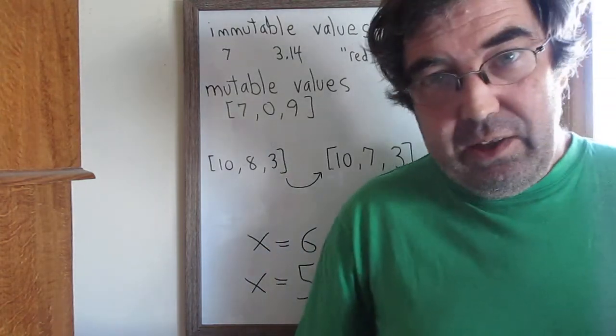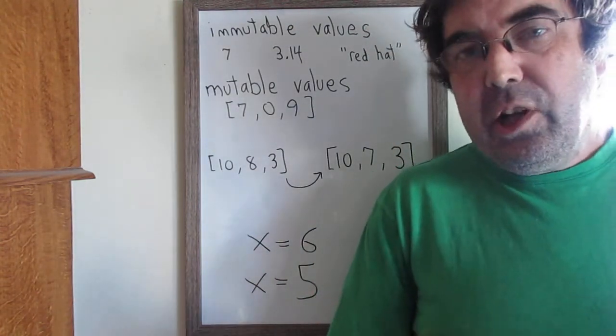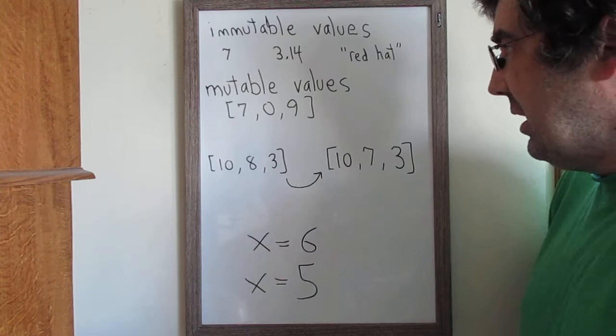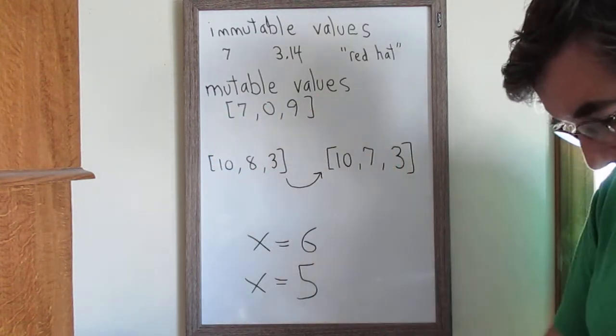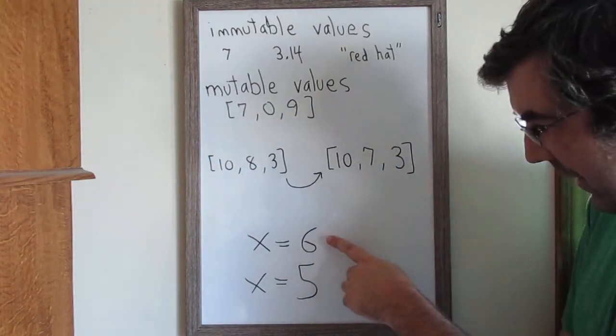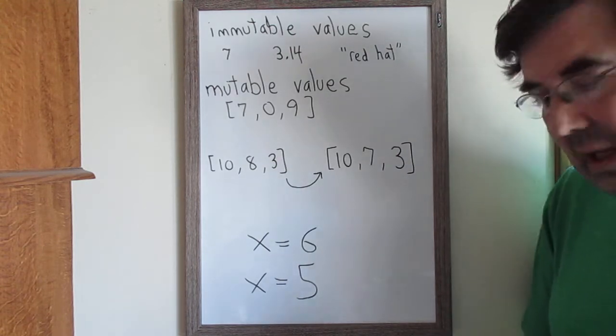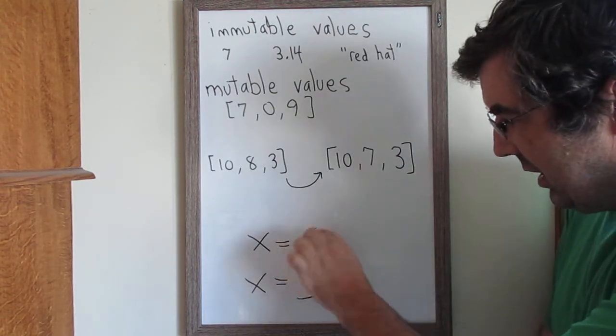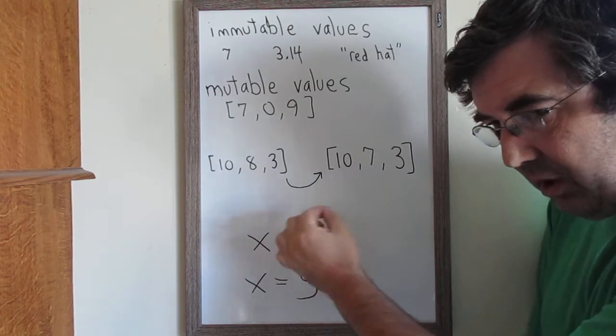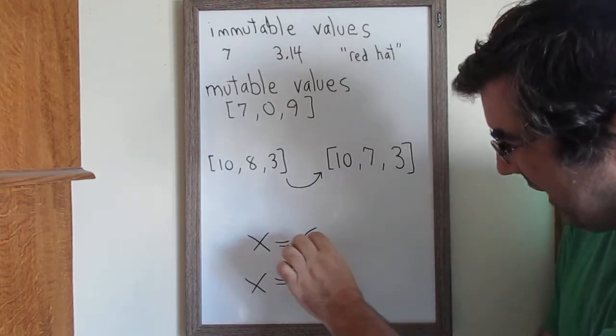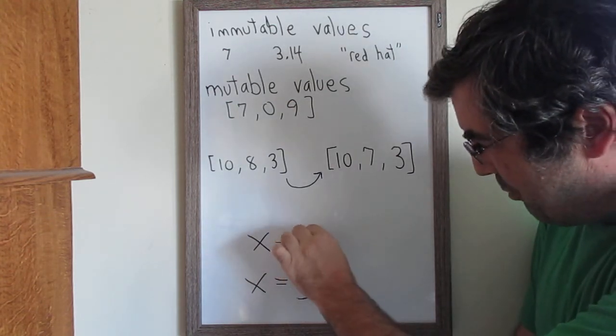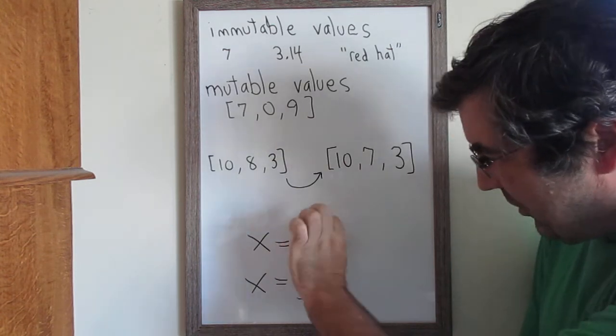Again, I know this is subtle. That is not what I mean by mutable values. I don't modify the value 6. I don't take a little computer bit, the smallest unit of memory available. I don't take a little bit of memory inside the value 6 and modify it.